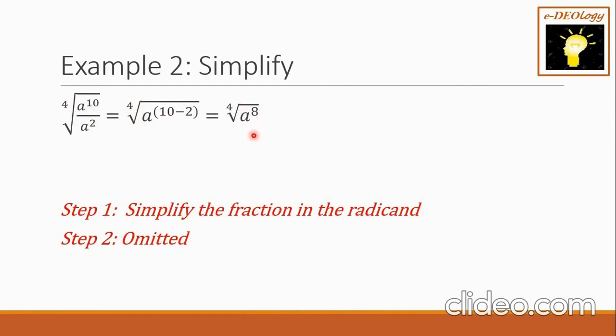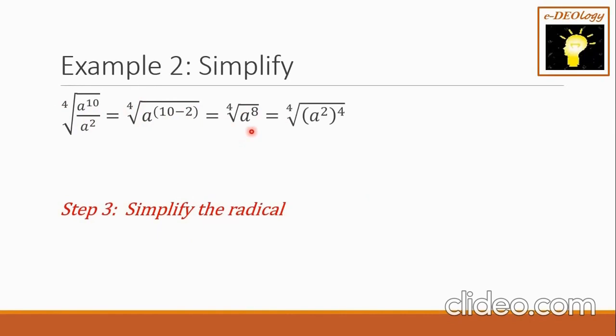Step 2 can now be omitted because there is no more fraction inside our radical. So in step 3, our index is 4, so we show that a raised to 8 is a power of 4. The term inside is a squared.